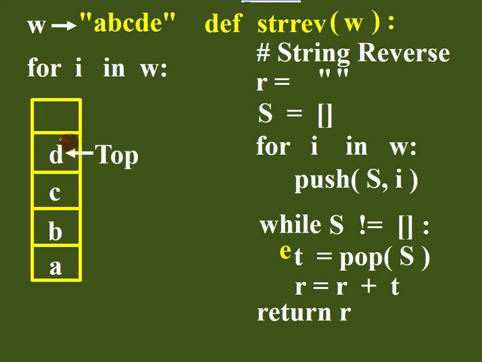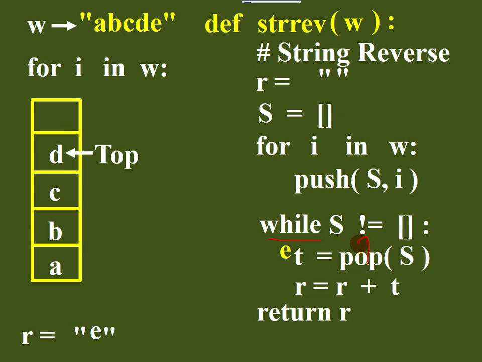So top points to the next topmost element D. R is equal to R plus T. Assignment operator means right hand side assigned to left hand side. So variable R initially points to an empty string. So the empty string is concatenated with the alphabet E. So now R points to E.